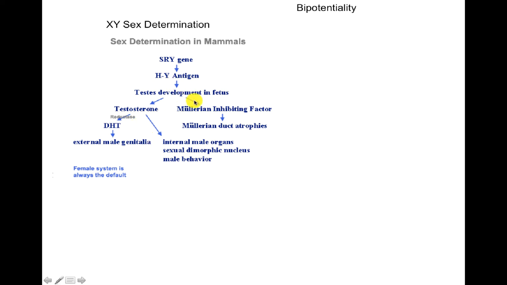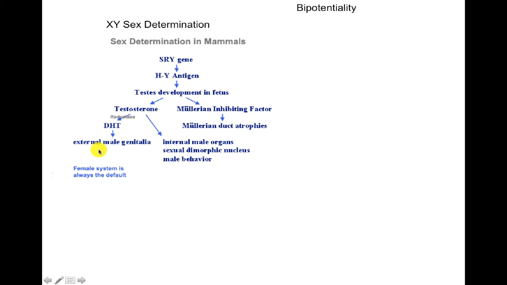At the same time, the testes will also release something called Mullerian inhibiting factor. This is going to inhibit what would otherwise support the development of female reproductive organs. And so it's a twofold process where female sexual development is inhibited, and male sexual development is expressed and supported through the development of the external male genitalia.